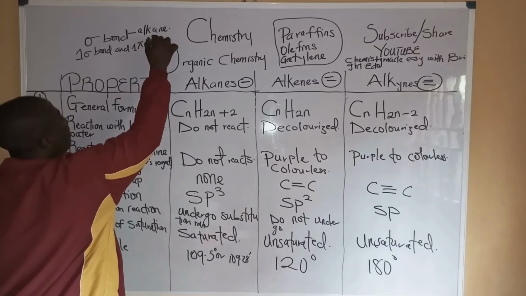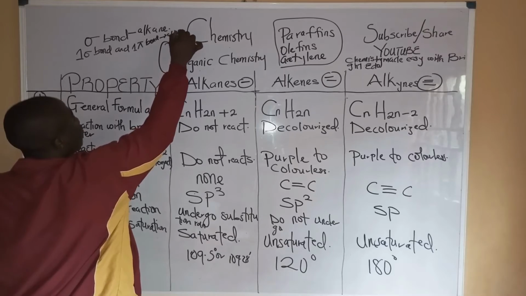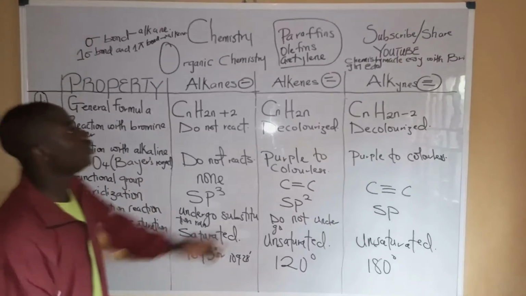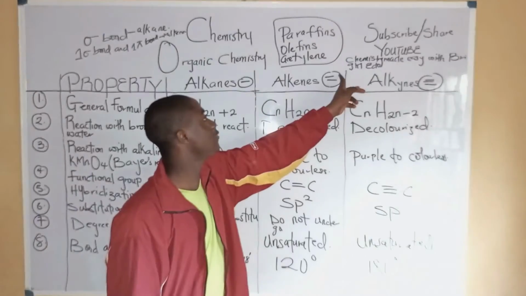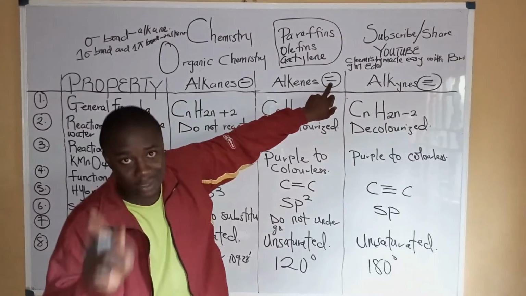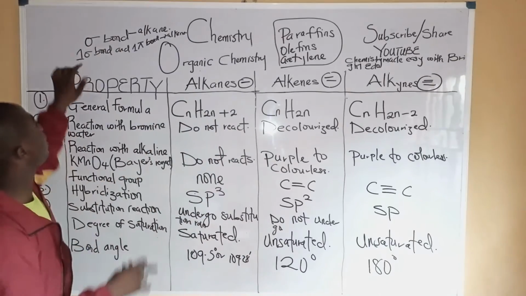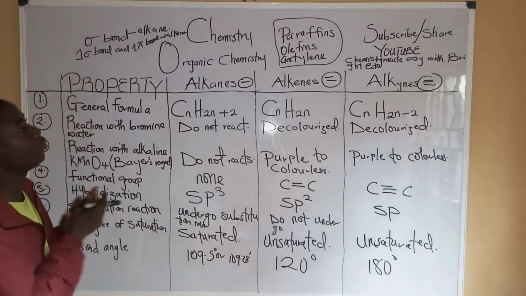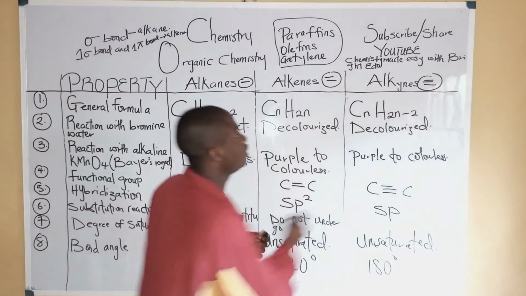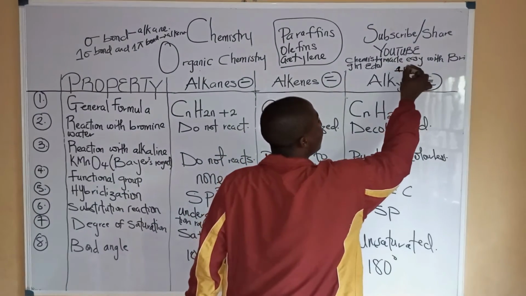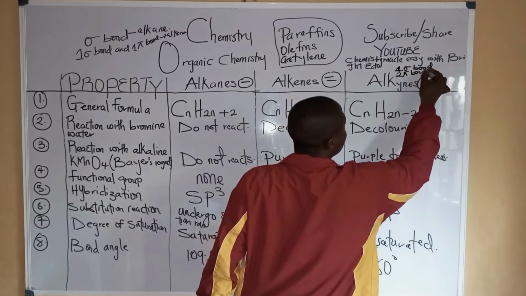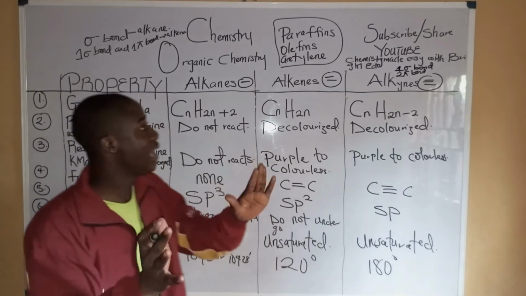You can see we have two bonds here. The first bond on top is the sigma bond, and the other one is the pi bond. Now talking about alkynes, the first bond is always the sigma bond, so alkynes have one sigma bond and two pi bonds.